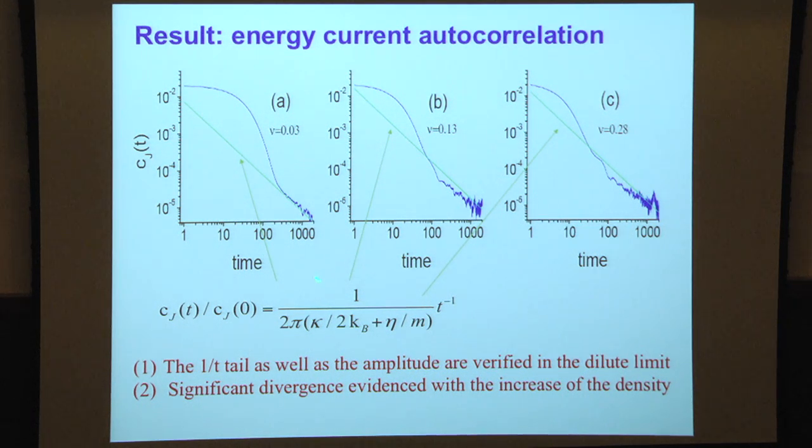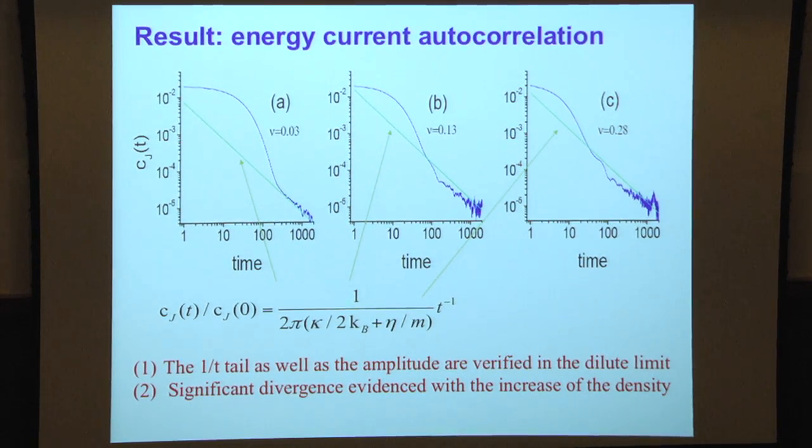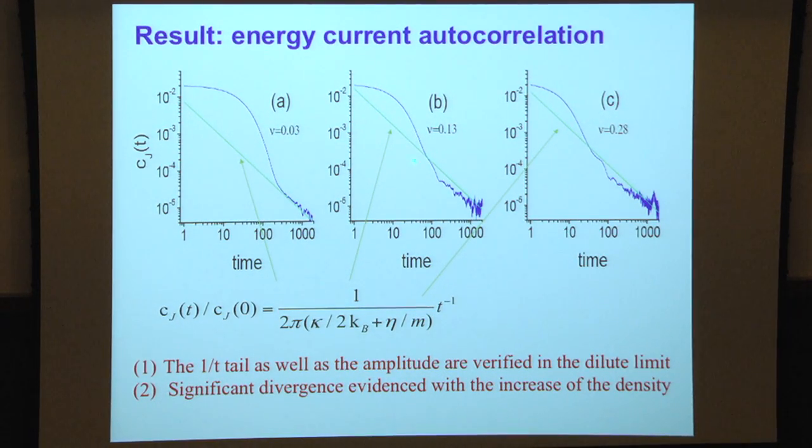But the result is that in the dilute case, the theoretical prediction works very well. But with the increase of the density, you see this is not a very high density, it's still close to the dilute case, an obvious deviation occurs.